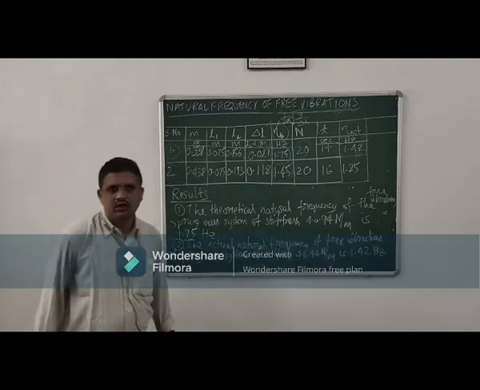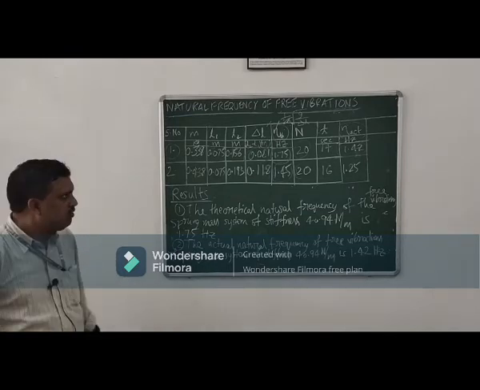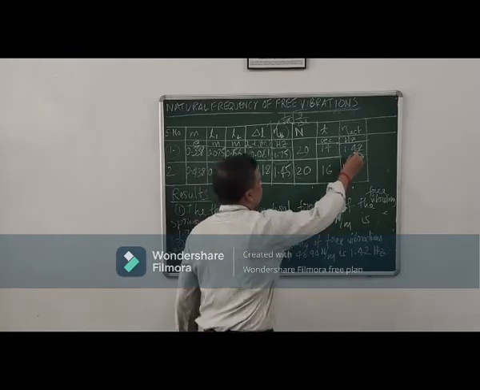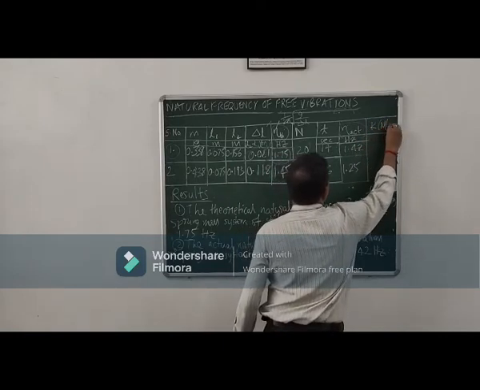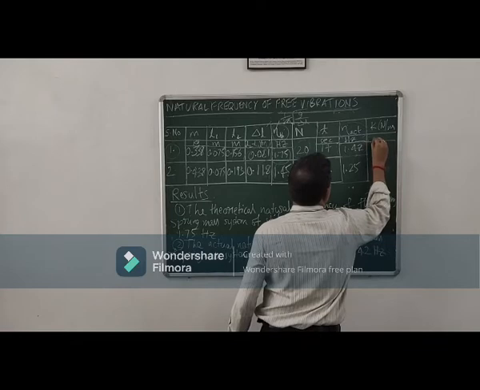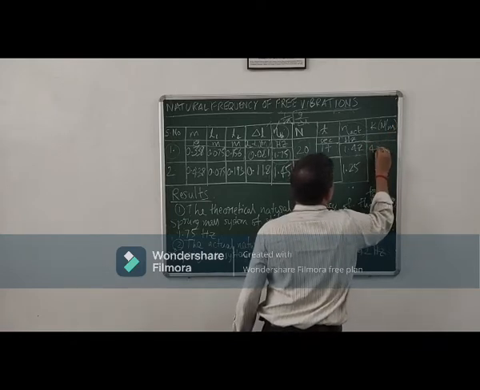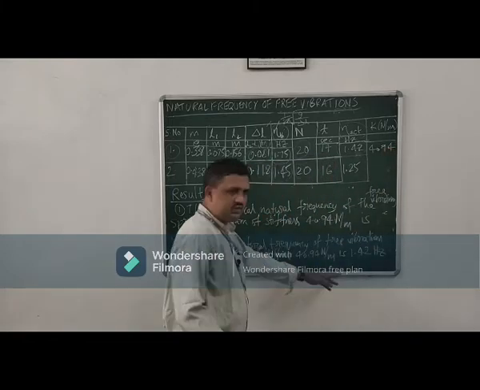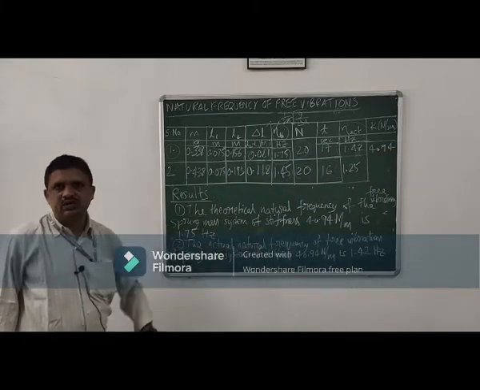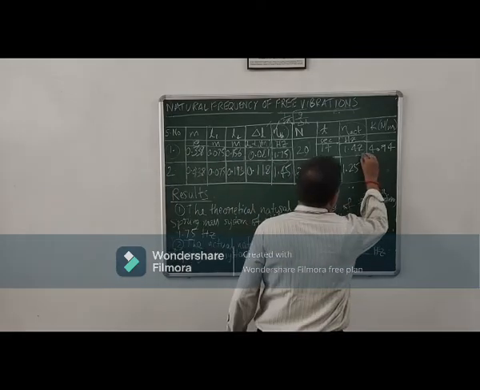Okay. For the corresponding stiffness value, we can also note down here, that is 40.94 Newton per meter. So, these are the theoretical and experimental, the actual natural frequency values.